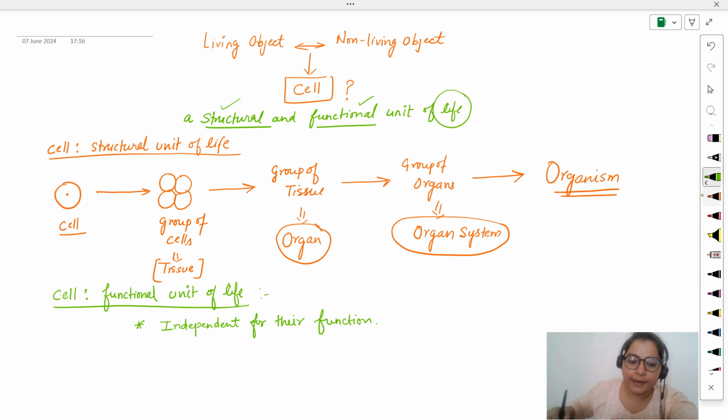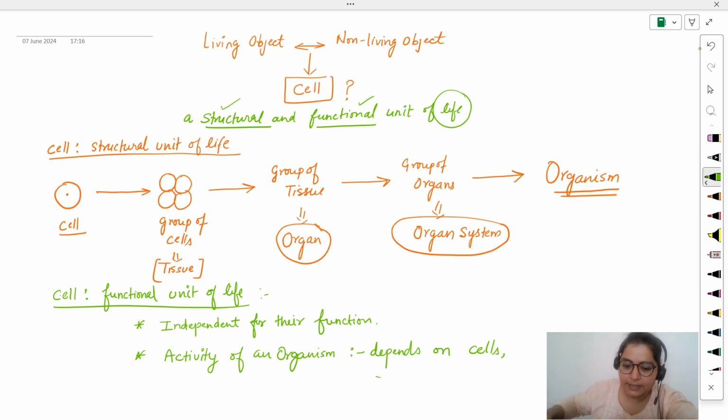And the activity of an organism depends on cells.